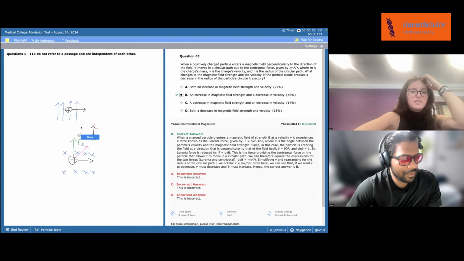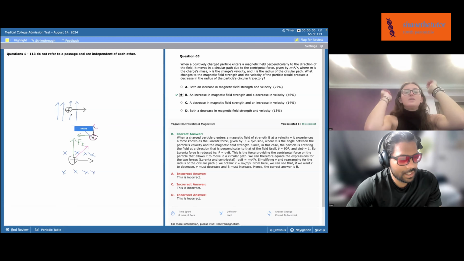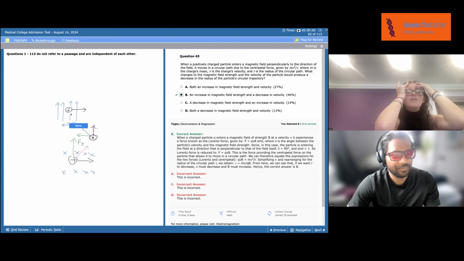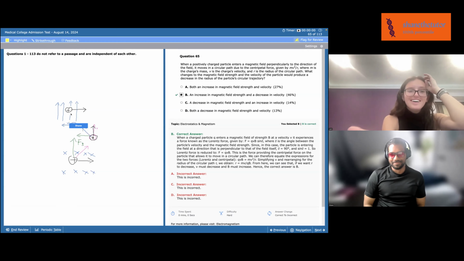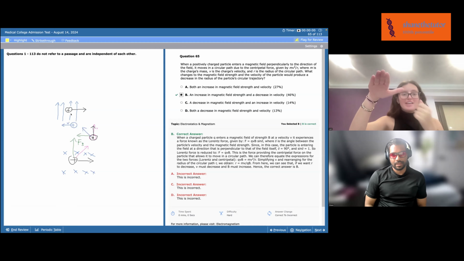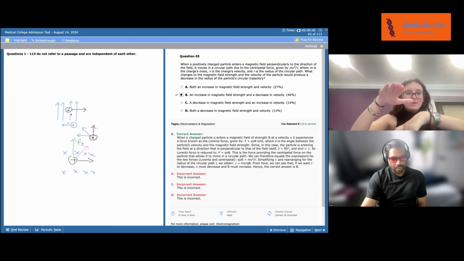So this would be in the middle. Now let's say it's up here, and this is the velocity, and the force is going downwards.